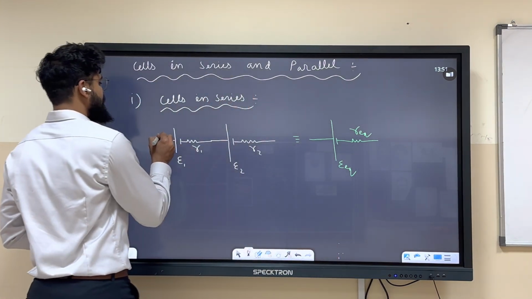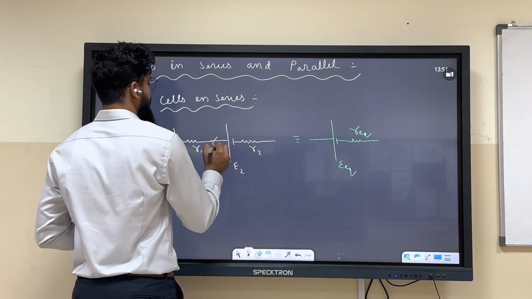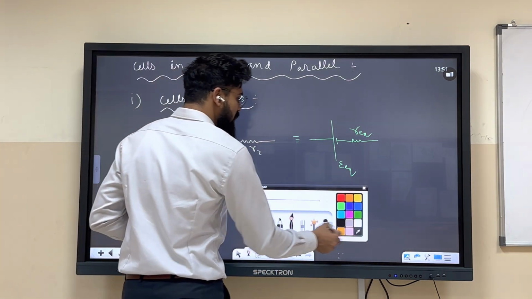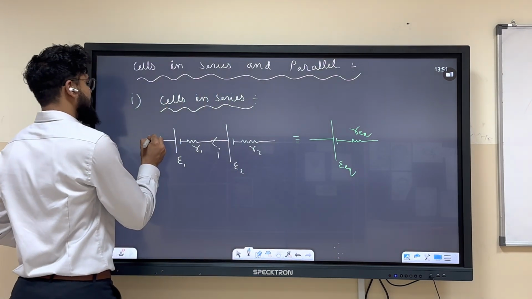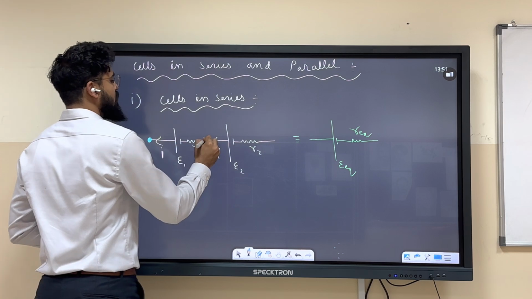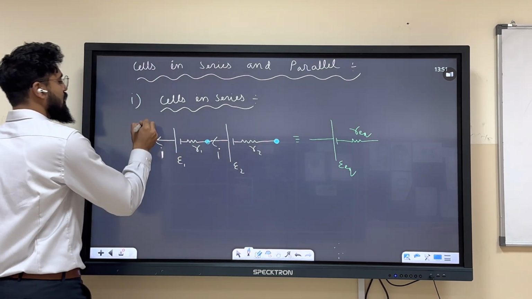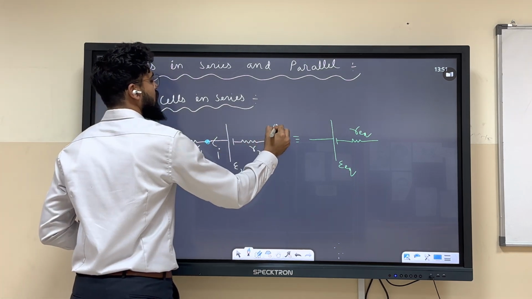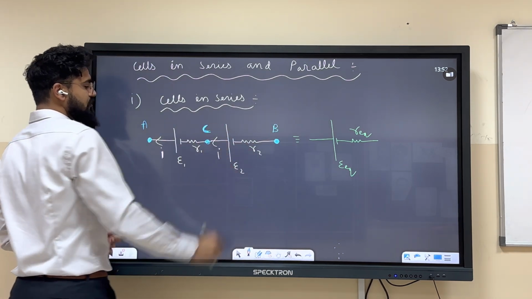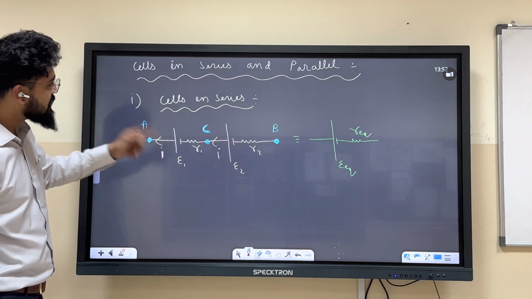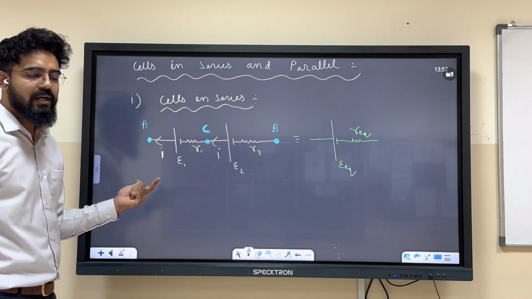Now calculate it. Let's say current I is flowing over here. Now there are points 1, 2 and 3, so point A, point B and point C. We just learned the potential difference across a battery.